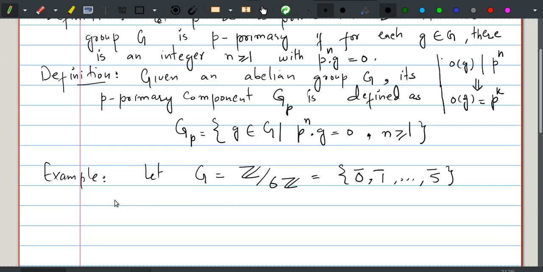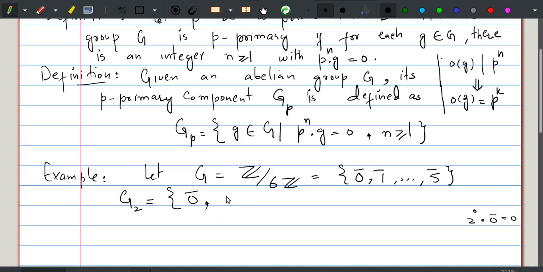So G_2, the 2 primary component, consists of those elements of G whose orders are 2 to the power something. If we consider 0 bar, its order is obviously 1, which is 2 to the power 0, so it contains 0 bar, because 2 to the power 0 times 0 bar is 0.